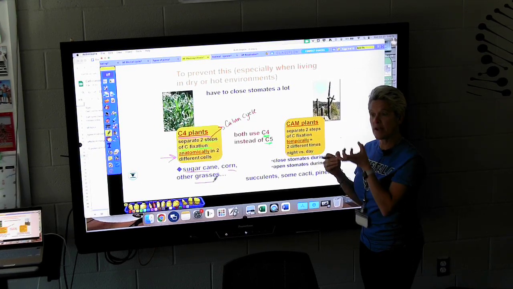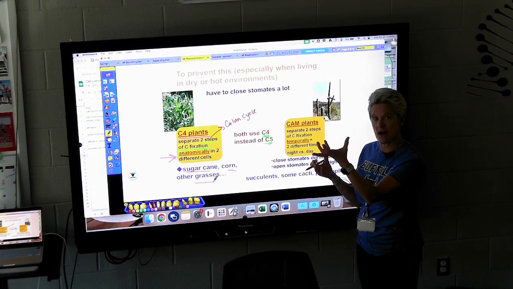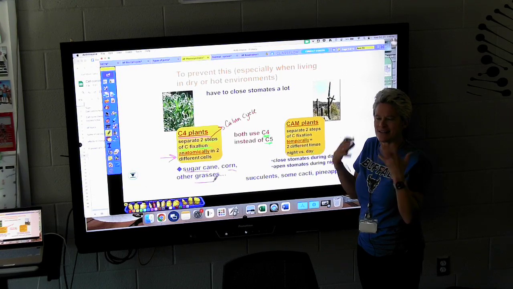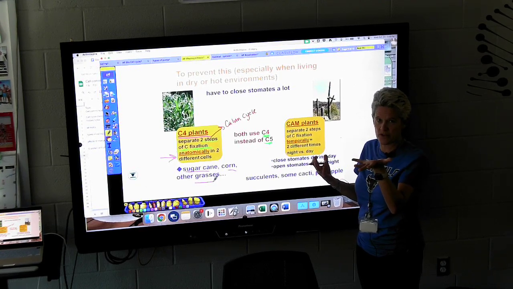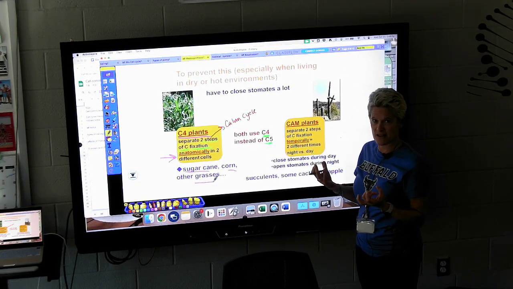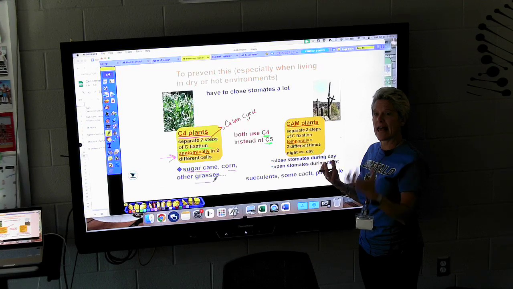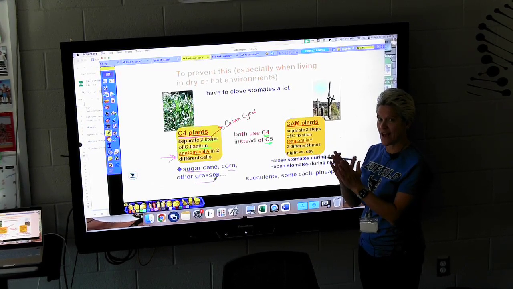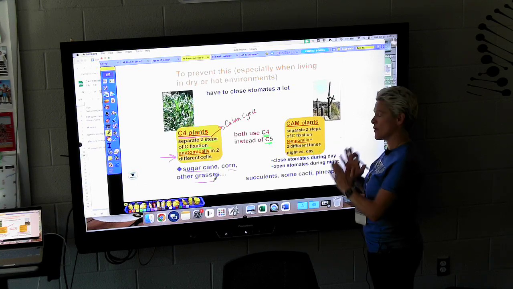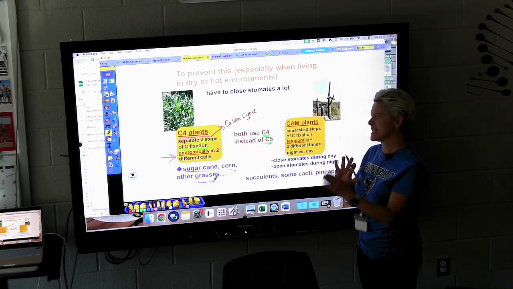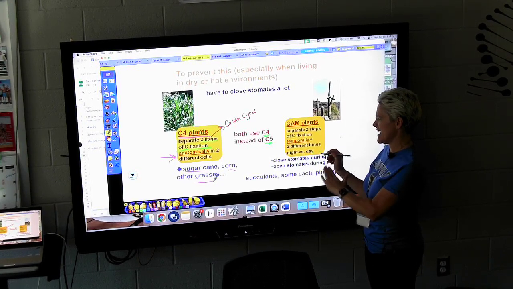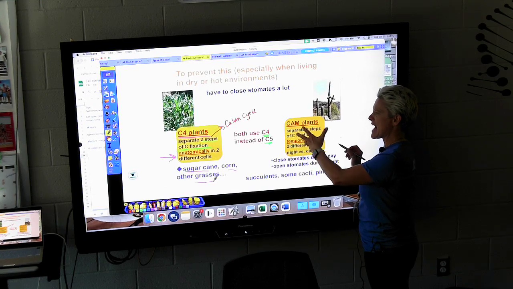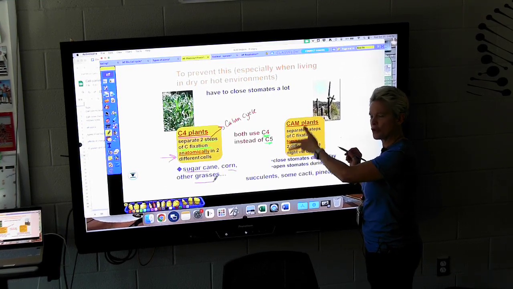So it can do the one part maybe at night when the stomata can be open because it's not as hot, all right? So we can open the stomata, get as much carbon dioxide in as possible, all right? And then we can close them during the day when it's really hot, and we can go through the rest of it. So it's sort of like a night and day type thing, different times of the day. So it separates that Calvin cycle into two parts.